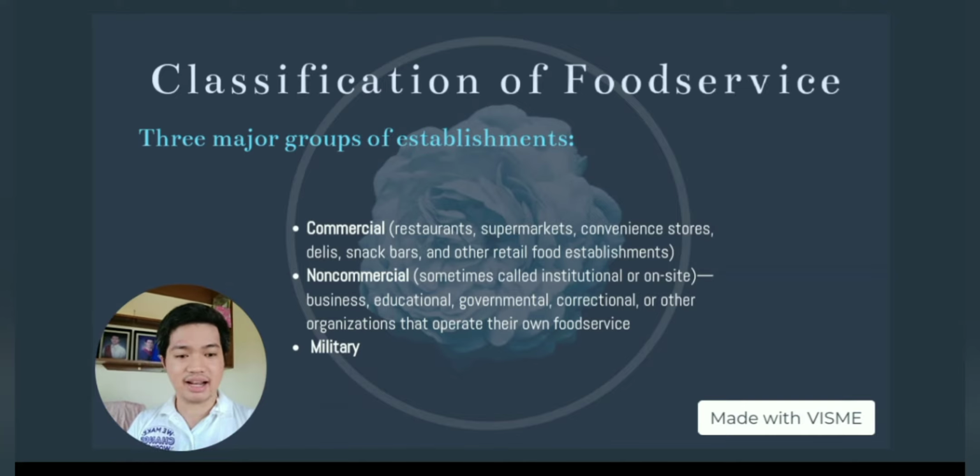What does commercial mean? These are the ones that sell, promote, and advertise, for example restaurants, supermarkets, convenience stores like 7-Eleven, Family Mart, Ministop, snack bars, and other retail food establishments. Non-commercial means they do not need to promote or advertise because they have people they cater to. For example, in educational institutions, canteens or cafeterias cater to students. In governmental and correctional facilities, they cater to those who work inside. And we have military: so that they do not need to leave camp, they have their own food service.